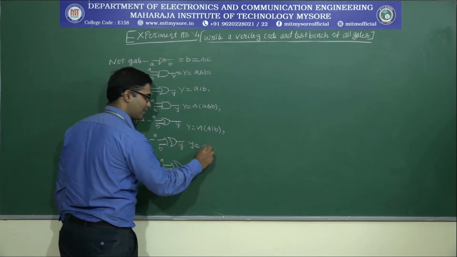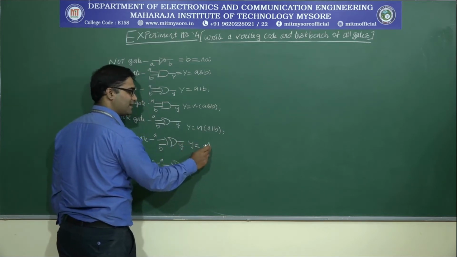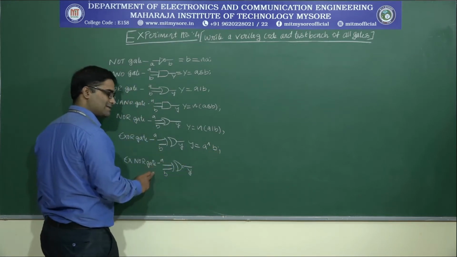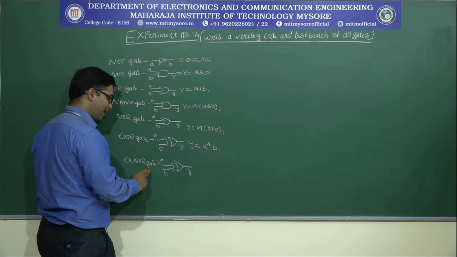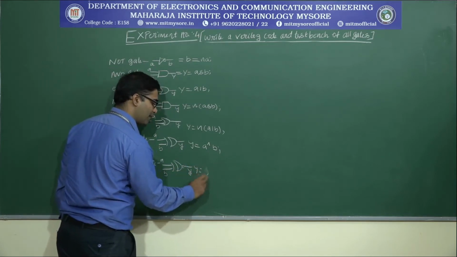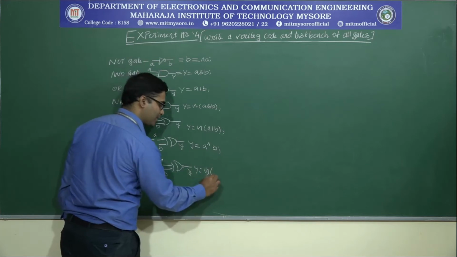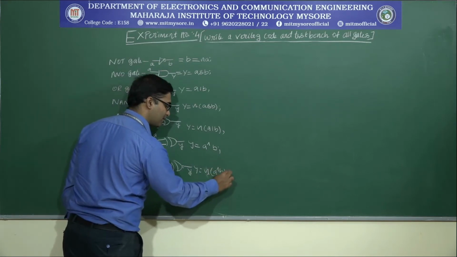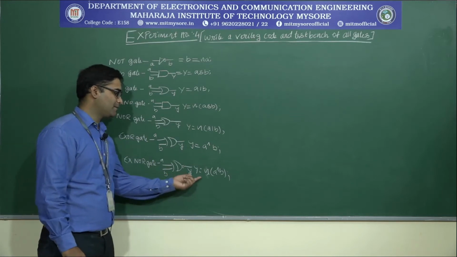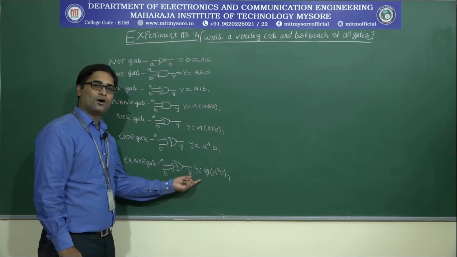XOR gate, an operator which defines an XOR operation. And last, we do have the XNOR gate, Y equals the complement of the XOR of the two variables A and B. So this defines a particular XNOR operation.